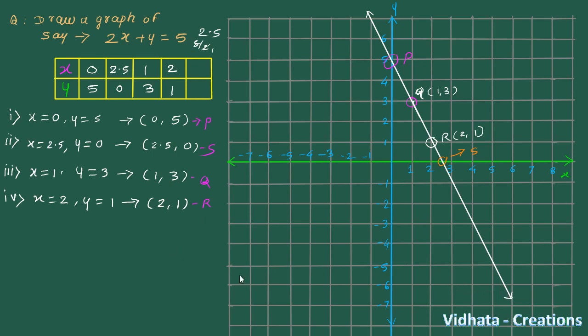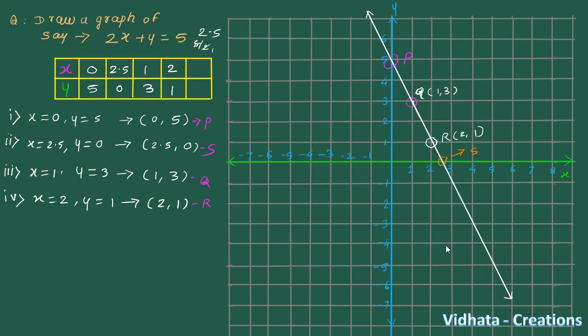So what is the meaning of the graph of a linear equation in two variables? The graph of the linear equation 2x plus y is equal to 5 means such a line on which all the solutions of the given equation lie. So this is called the graph of a linear equation in two variables.